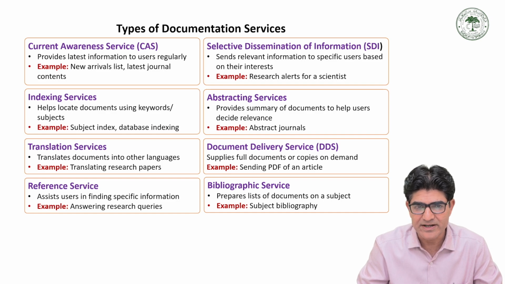So under document delivery service, the user can be supplied the full document or copies on demand. One example in the modern environment is sending a PDF copy of an article to the users.